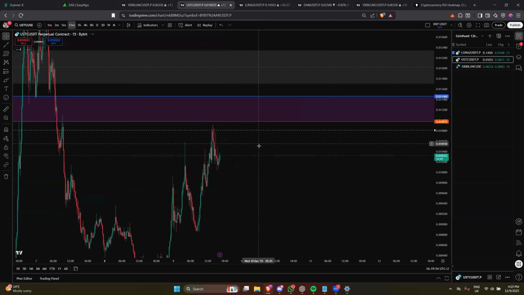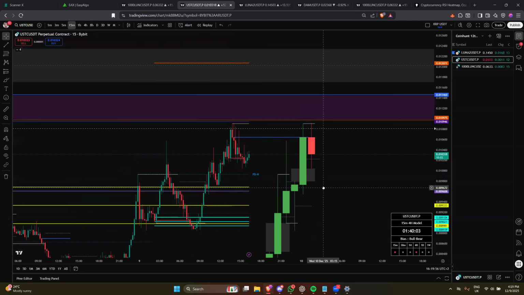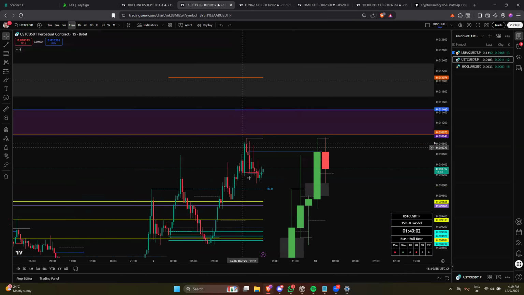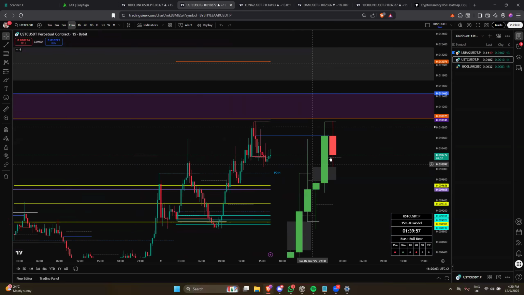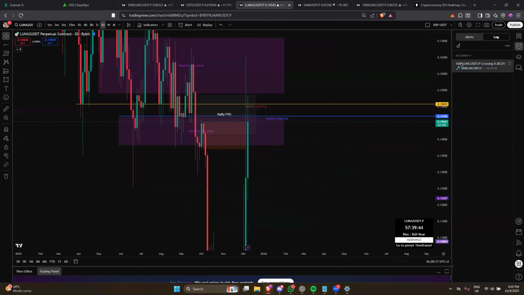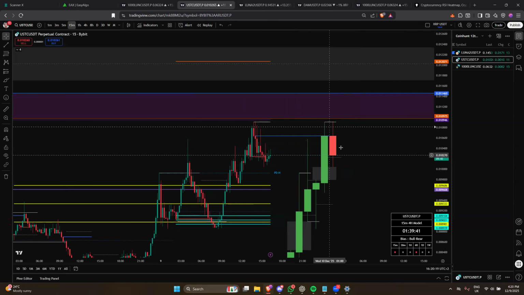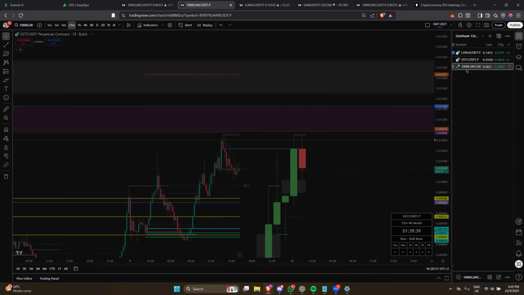If you have a look at these levels here, it's just below this. There's the equilibrium. If price, for instance, closes above that equilibrium, then it indicates that price is still looking to continue. But that's just how I look and observe them.